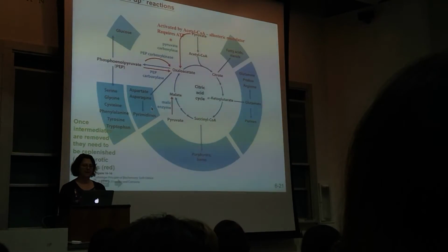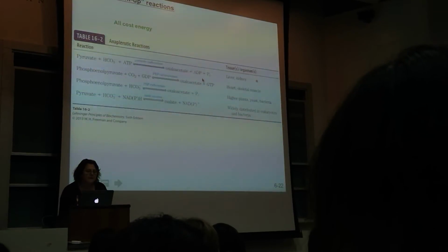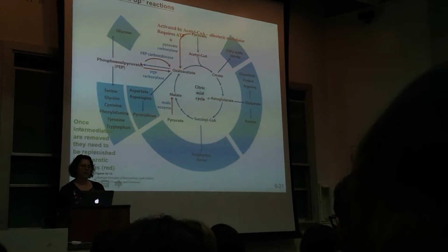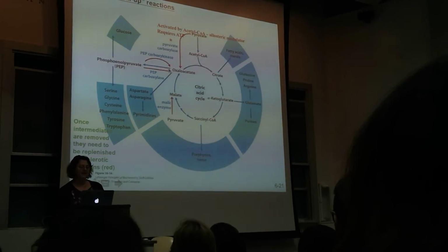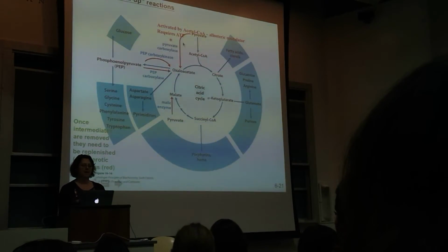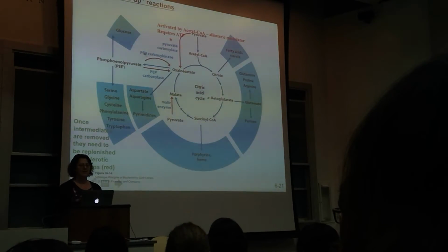So if we look back, we have the PEP carboxykinase, we have the malic enzyme, and we have the carboxylase. I think I said the opposite a second ago, so for what we're talking about for animals, focus on PEP carboxykinase. This is the very dominant one, the pyruvate carboxylase, and then the malic enzyme.